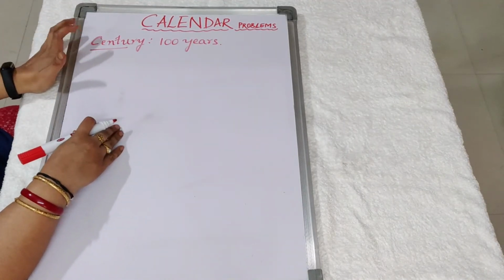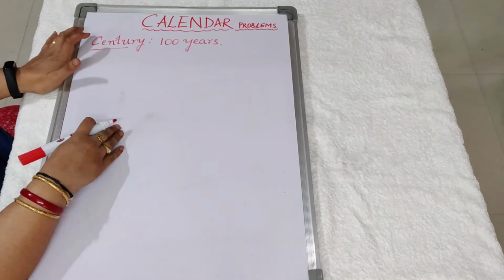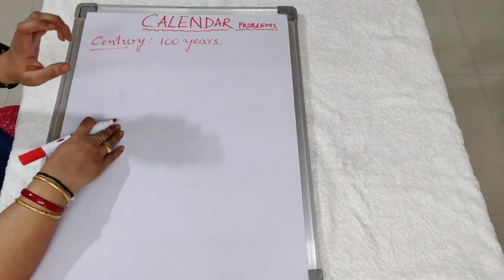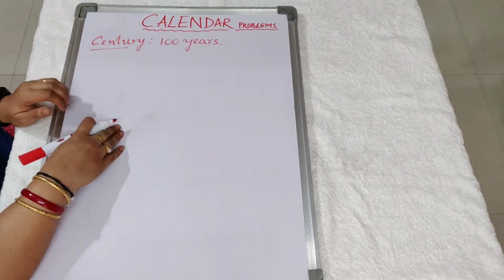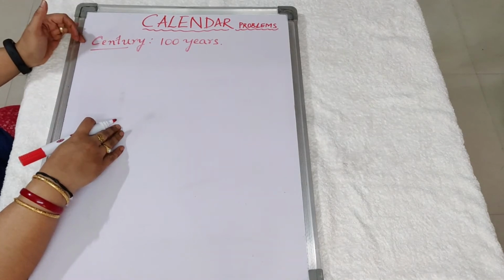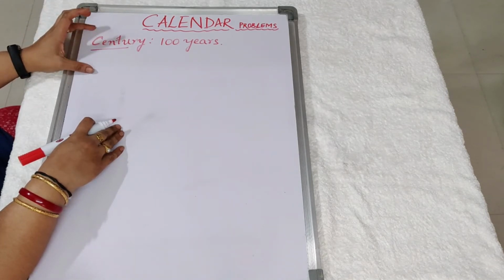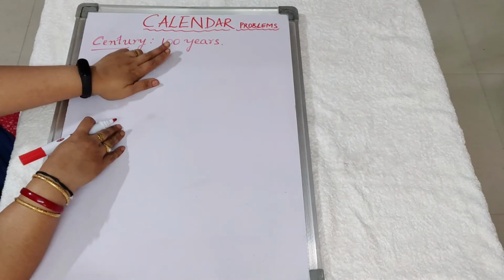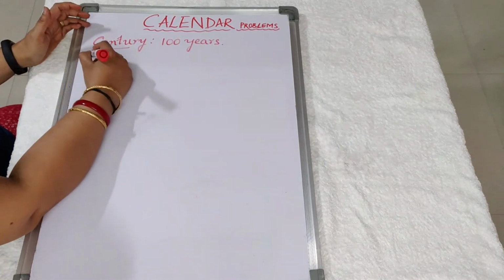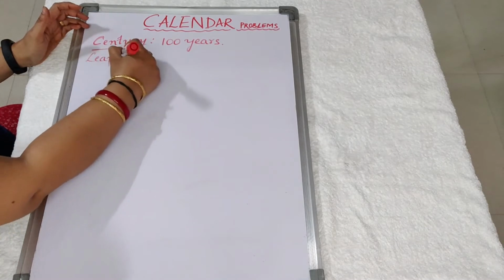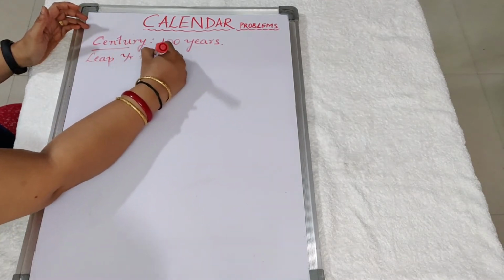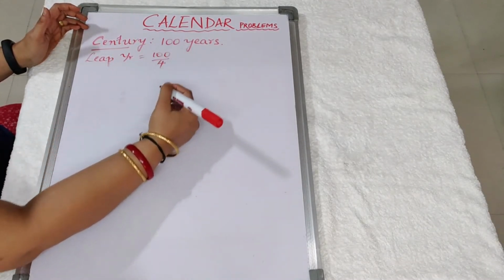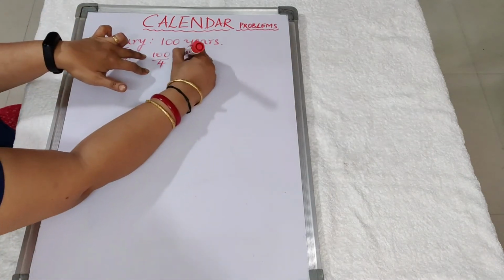We'll need the century code to find the day of a particular date, month and year. Now what do we do with the century code? We need to find how many leap years there are in these 100 years. To find leap years, we divide by 4. So it is 25.